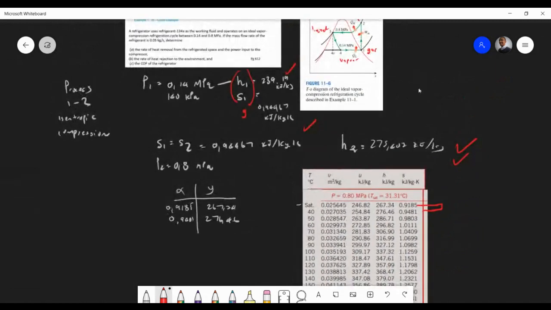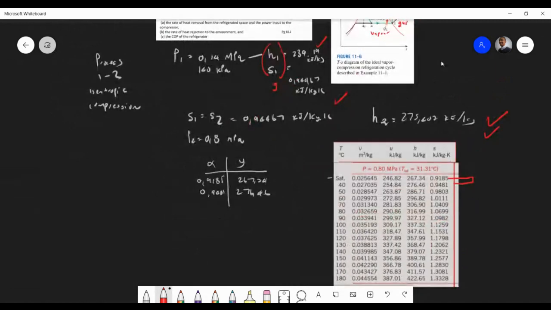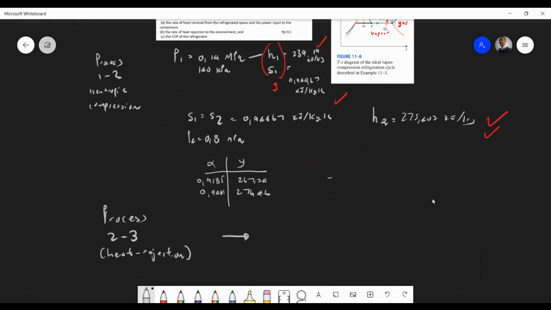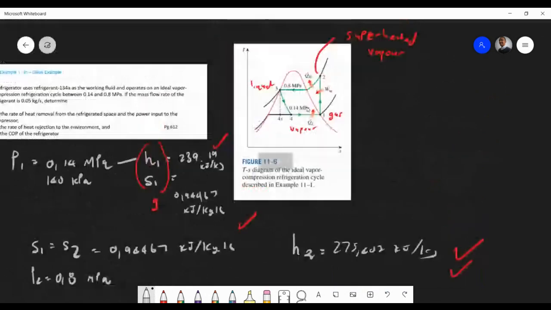What we do now, we found point 3. I'll remove this. Now we process 2 to 3, and this is our heat rejection. This is the back of the fridge, right? At point 3, you're on the liquid side.